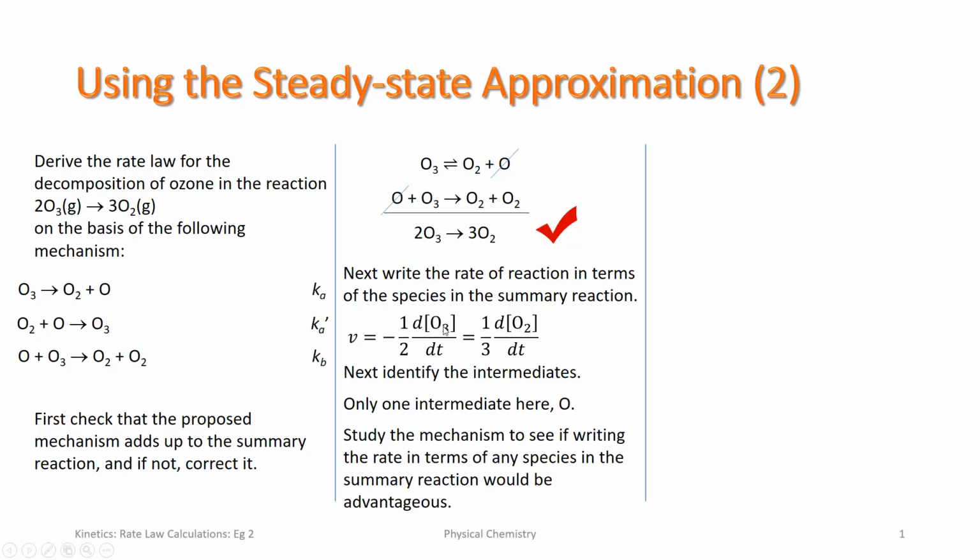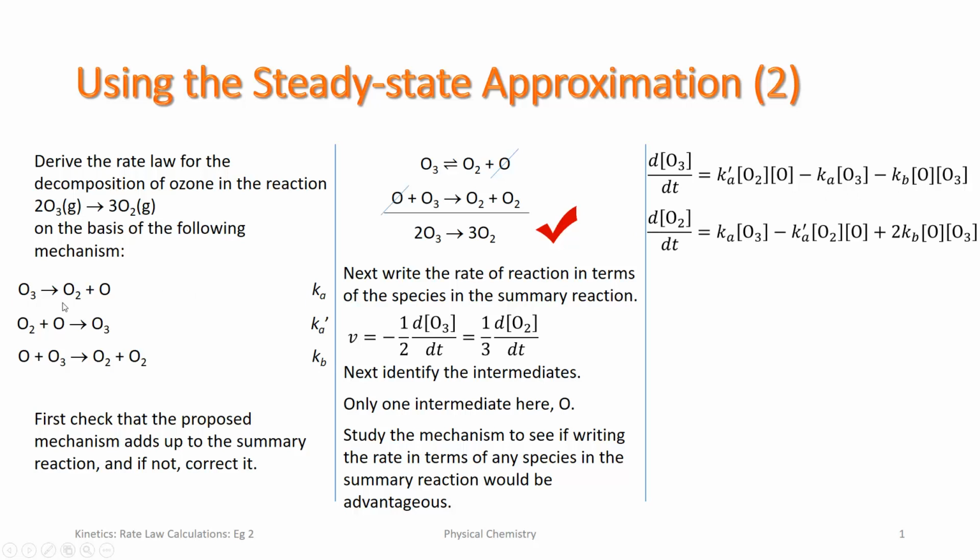We can derive the rate law by concentrating on deriving a net rate of formation of either ozone or oxygen. We'd like to see if choosing one or the other is advantageous, that is easier, a lot less work. So the net rate of formation of ozone, we can write down: it's formed by the backwards step in this equilibrium here, but it's destroyed in the first and third steps, so there it is being subtracted off.